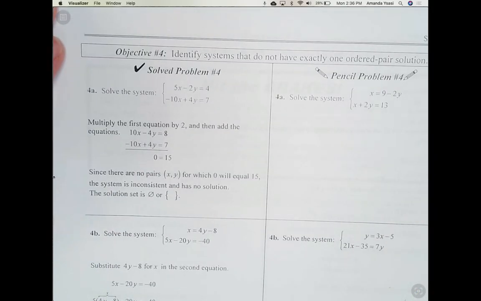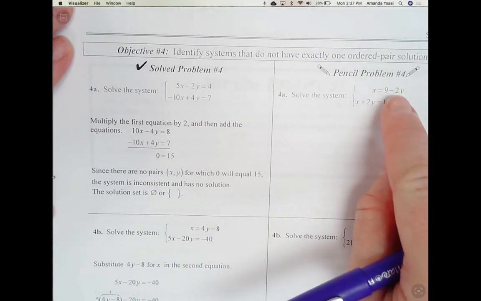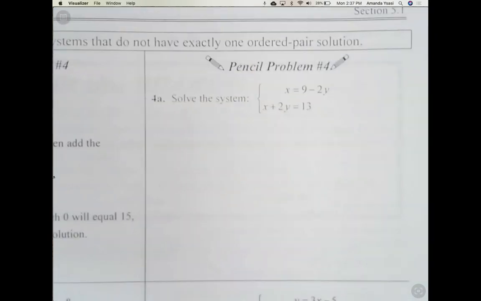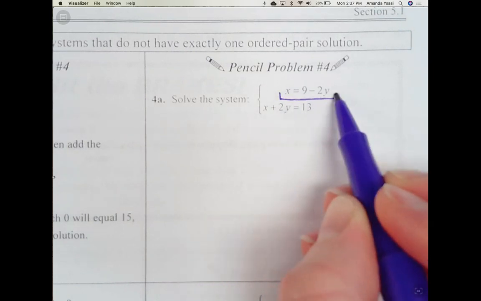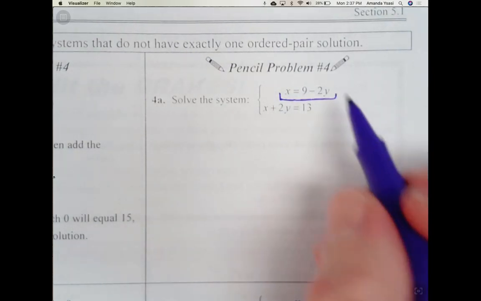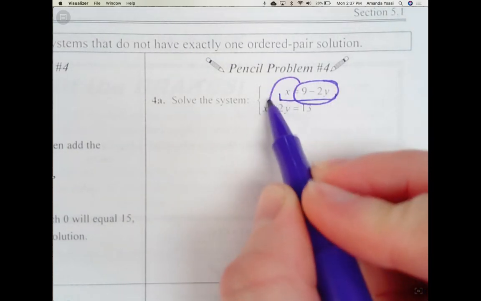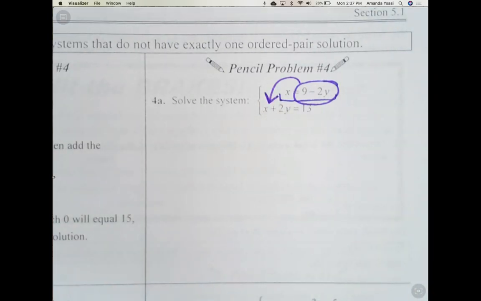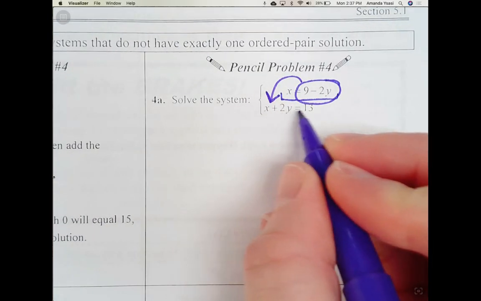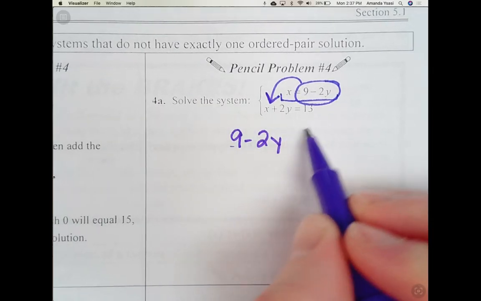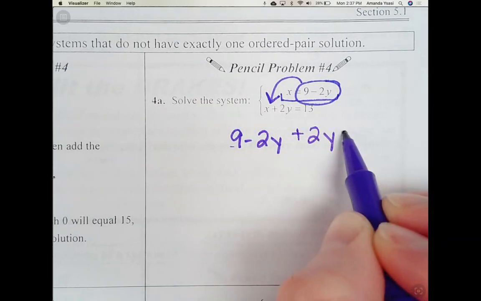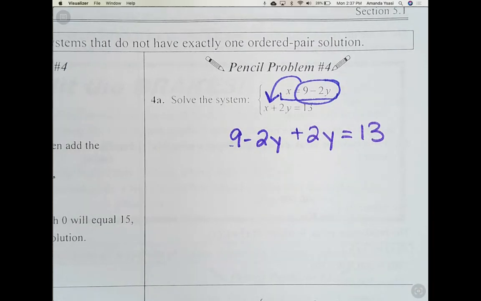Okay, number 4A, solve the system. So we have these set up in a way that it would be easiest to do substitution because this is already solved. So we can put in this for the x value. So instead of saying x plus 2y, we'd say 9 minus 2y, which is your x, plus 2y equals 13.